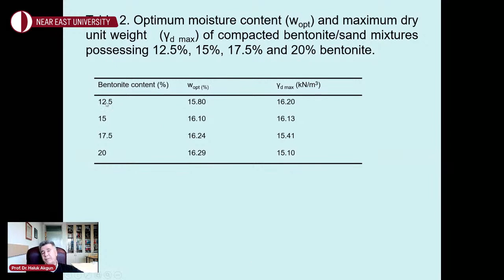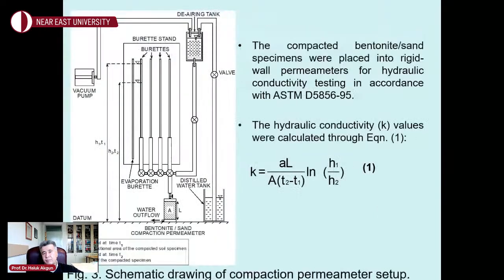For 12.5% bentonite content, the optimum moisture content was 15.8, and for that of a 20% bentonite content, it went up to 16.3 almost, and the maximum dry unit weight for the 12.5% bentonite content was 16.20, and for 20% bentonite content was 15.10. So with increased bentonite content, we had an increase in the optimum moisture content, and a decrease of the maximum dry unit weight.